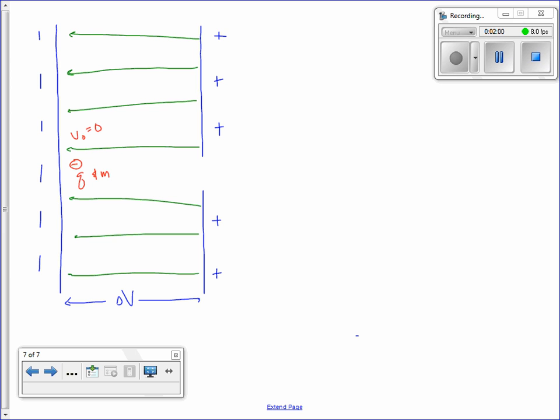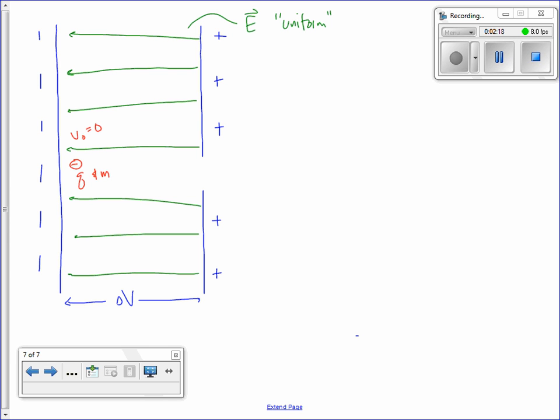Okay? Now, talk to me about this field. Robbie? Yeah, this is uniform, which means? Everywhere between the two plates feel the same force.